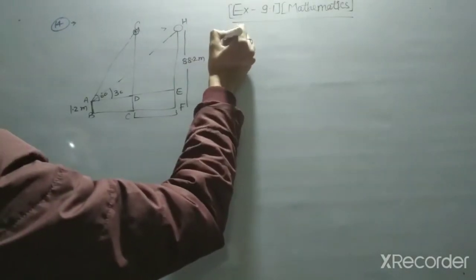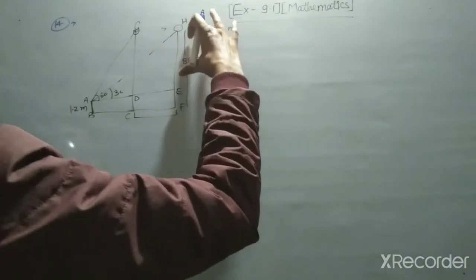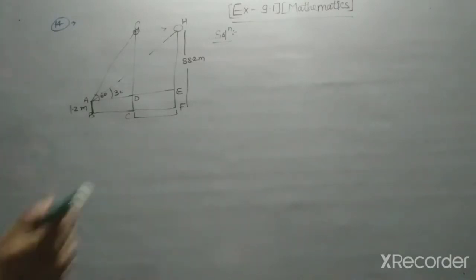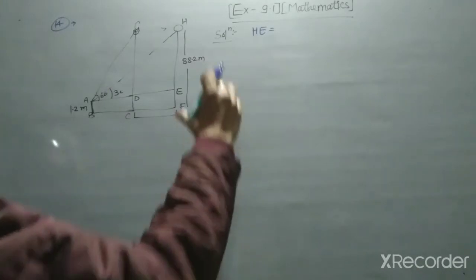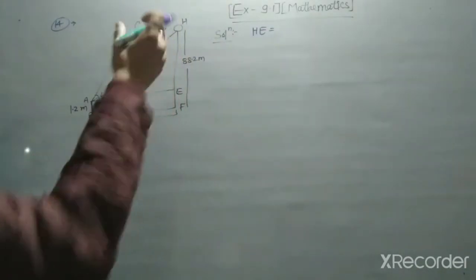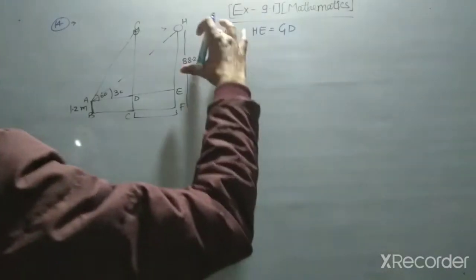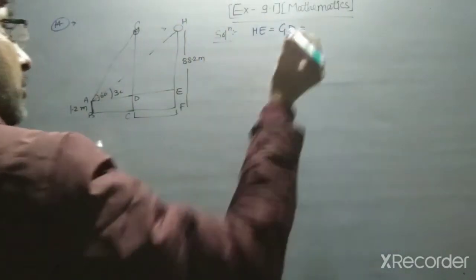So for solving this question, first of all you have to find the distance of HE. What is the value of HE? HE, or you can say GD, is equal to HF minus EF.